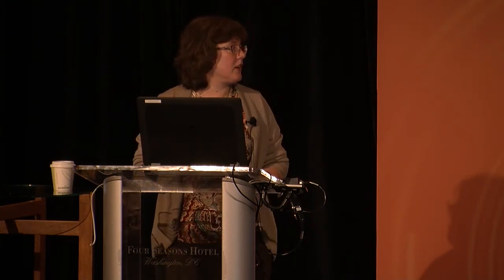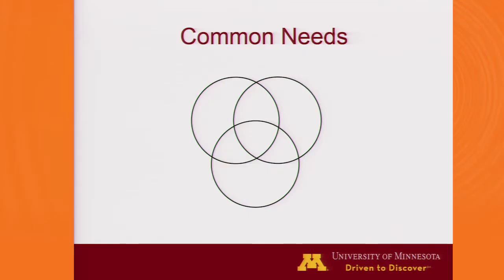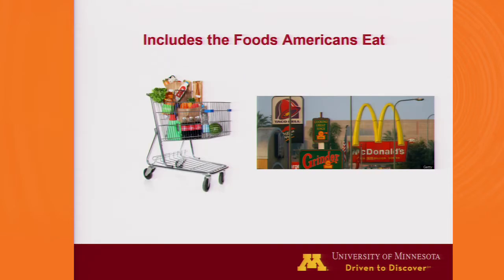All of these different food and nutrient databases have some common needs, and so I'll just briefly talk about that. These are things that a lot of them need, regardless of what application they have. Databases need to include the foods that Americans eat.